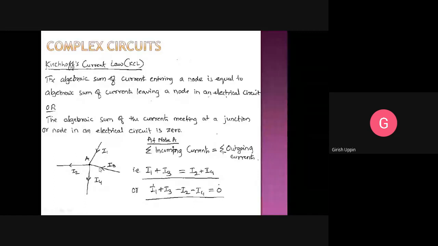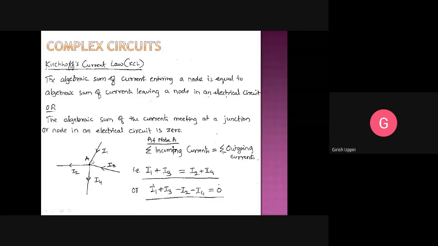We are not focused on the rest of the circuit, we are just focusing on a particular node in an electrical circuit. What is a node in an electrical circuit? The point where we have multiple connections, those are called a node.